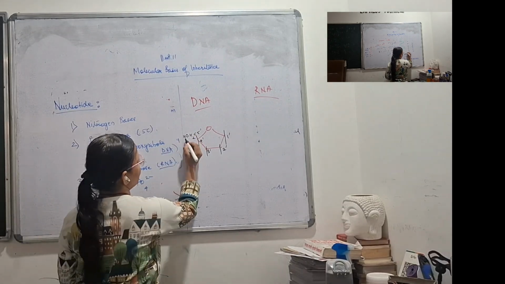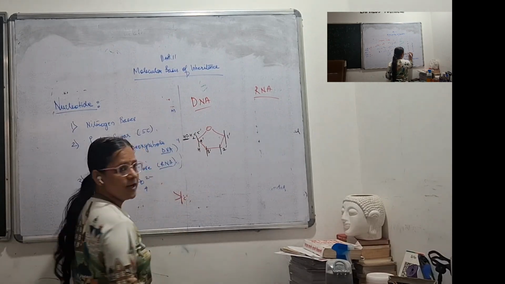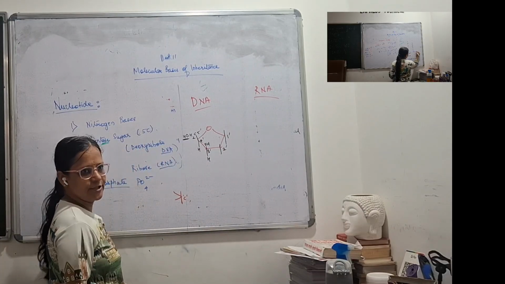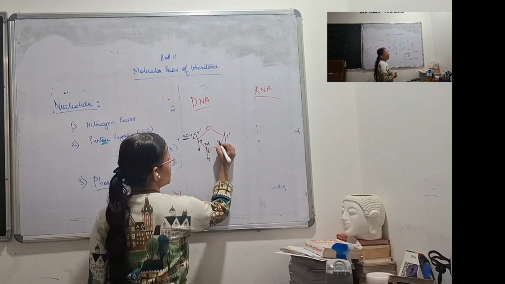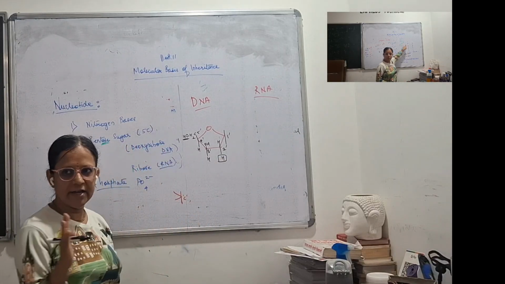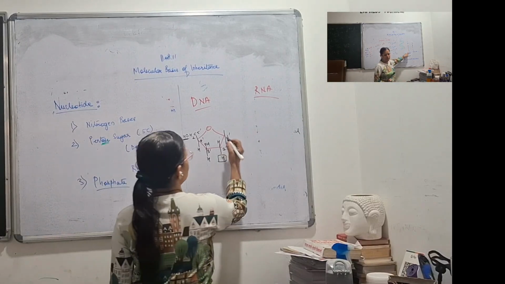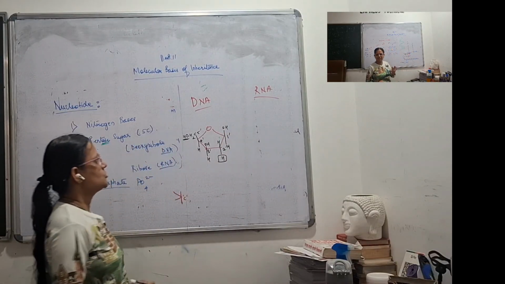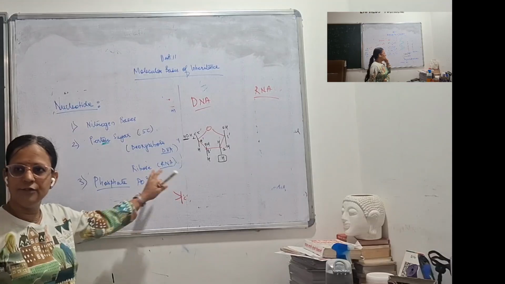Now here if I am having OH, then here I'll have H. Here if I am having OH, here I'll have H. Here I'll have H. Here I'll have H. Here I'll not have OH. Why? I'll tell you later. Then here if I am having OH, here I'll have H. So this is the structure of DNA.